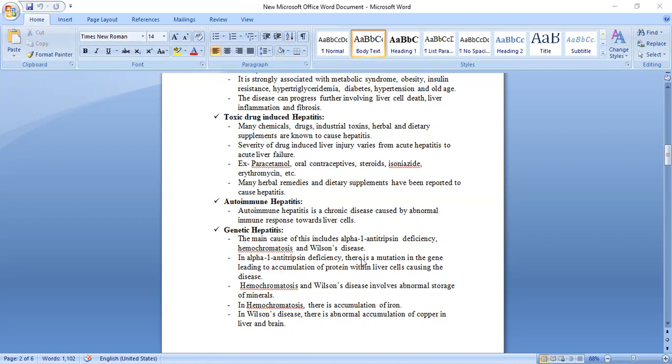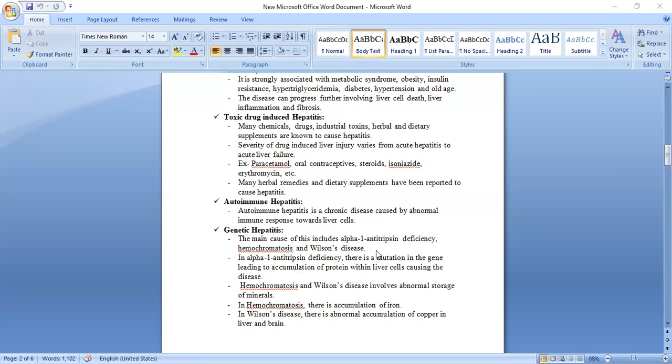In alpha 1 antitrypsin deficiency, there is a mutation in the gene, a change in the amino acid. Mutation means change. Change in one type of amino acid causes what to happen? The gene leads to accumulation of the protein within the liver cell, causing the disease. Proteins are long chains of amino acids joined together.